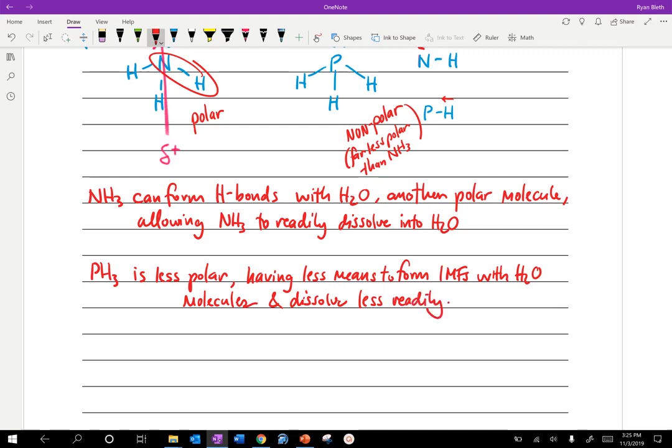But what kinds of things might PH3 be able to form with water? What kinds of intermolecular force attractions would it be able to form? Well, if it's less polar, it has a slight pole, it could form dipole-dipole attractions with water. But at the very least, PH3 would only form some weaker temporary dipoles.